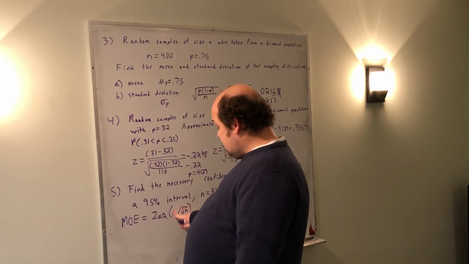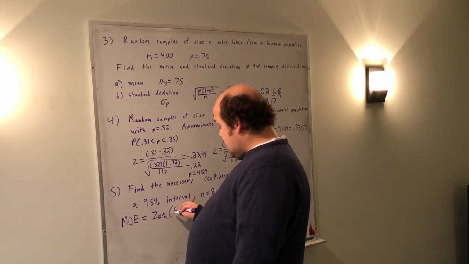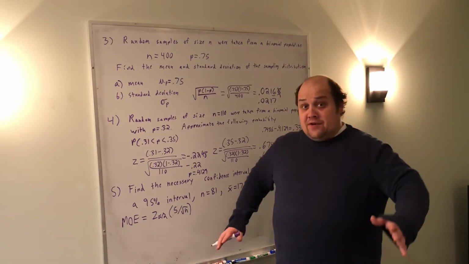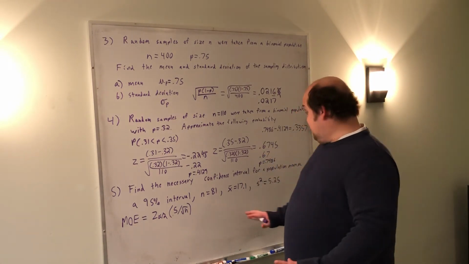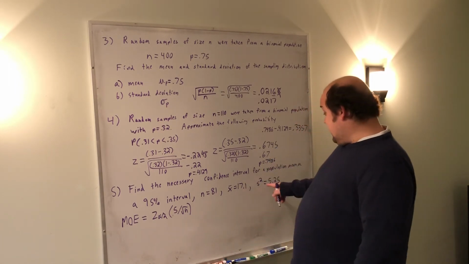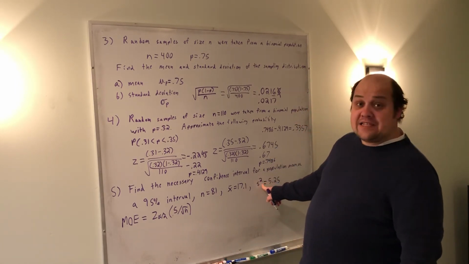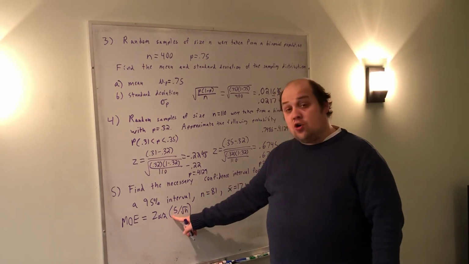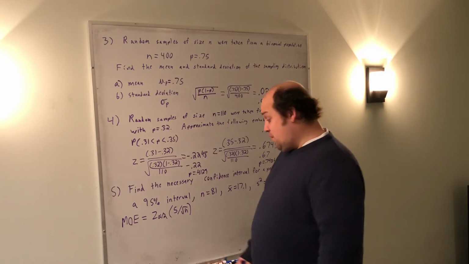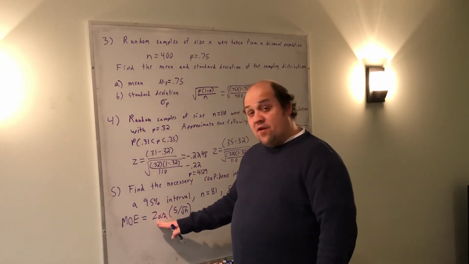Or in this case, since we have it from a sample, s over the root of n. This was very confusing for a lot of students because I didn't go over it when I did the video the first time. Apologies, but really I need to be careful because they've given me s squared, but the formula calls for s. So when I'm doing this formula, I start by saying z alpha over 2.